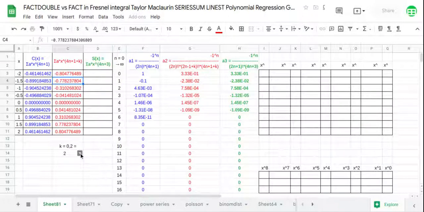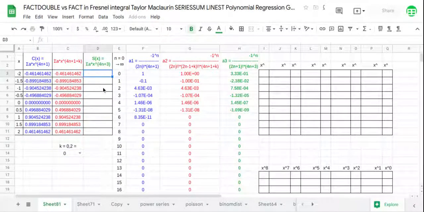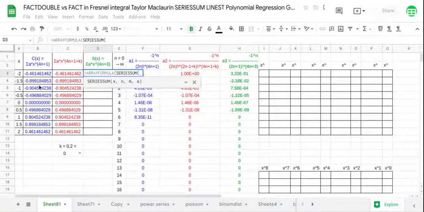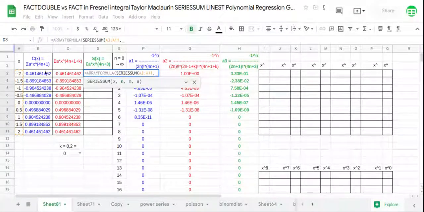So if this is 0, they're the same. Now we continue with the sine Fresnel integral. This is our formula: series sum of the x values raised to the power 4n plus 3.